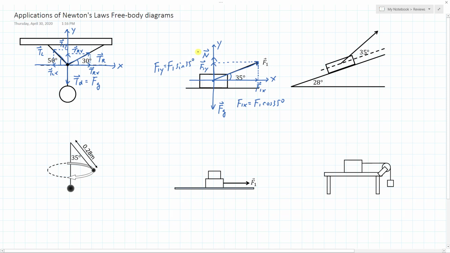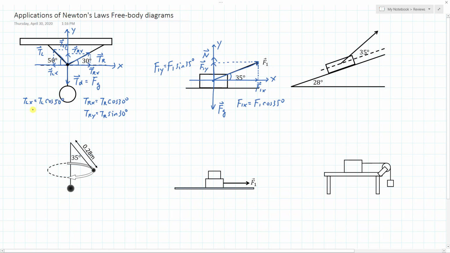This side I didn't do it. I should probably go back and do it. So TRX is TR cosine 30 degrees. TRY is TR sine 30 degrees. And TLX is TL cosine 50 degrees.